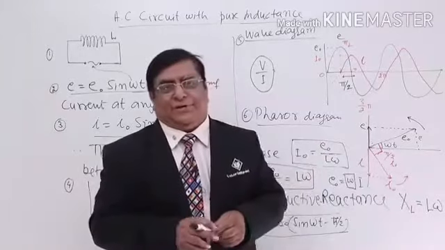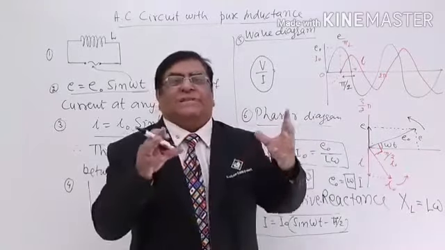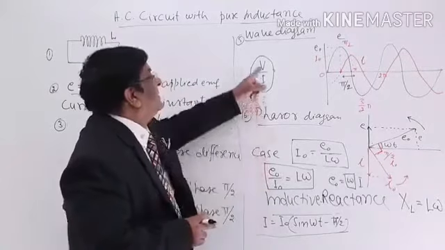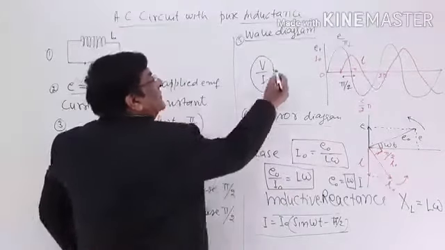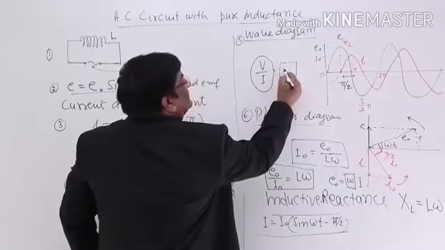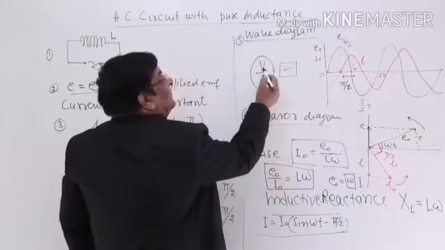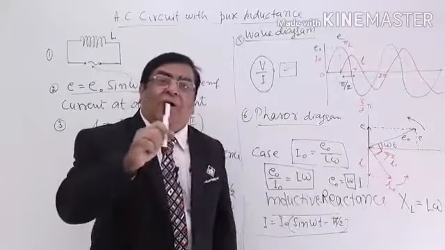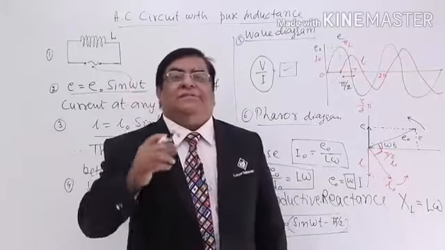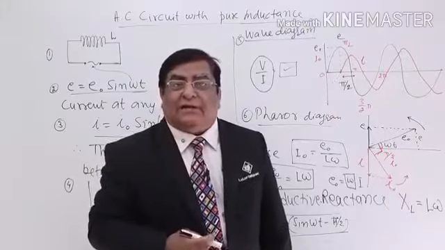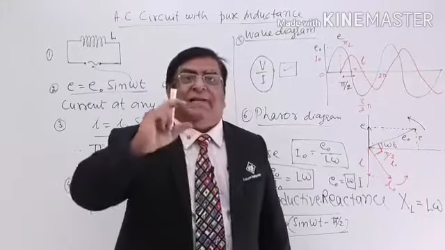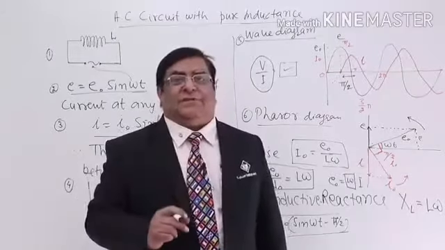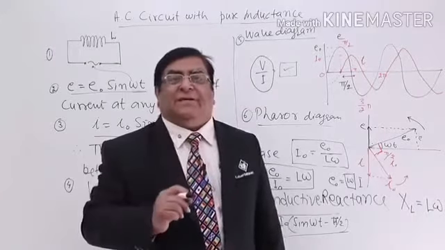Two things more. What should be its unit? In physics, we want simplicity. Anything which opposes current has V upon I as the formula. V upon I we have applied. Anything we have started which opposes the current, we have given the unit ohm. We started with resistance. But what is resistance basically?